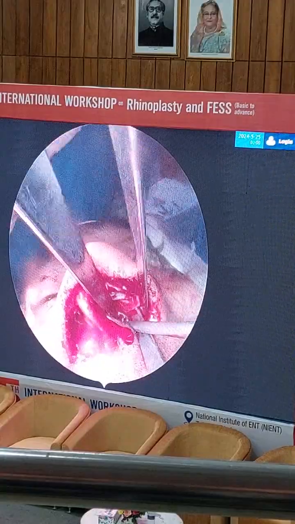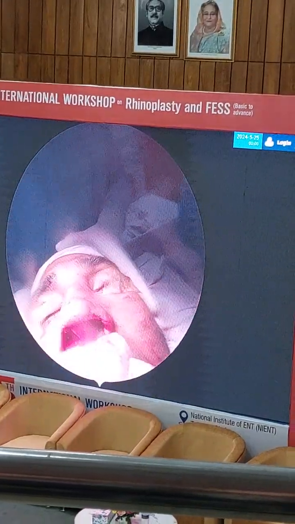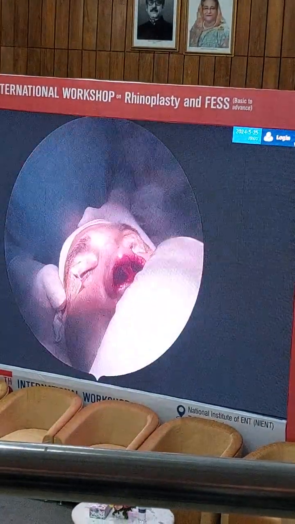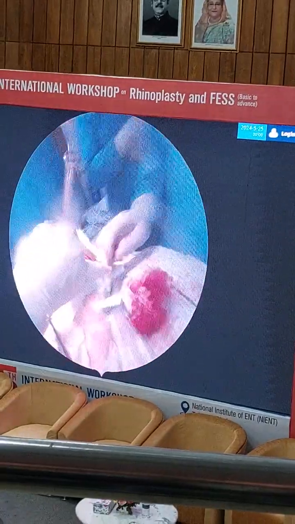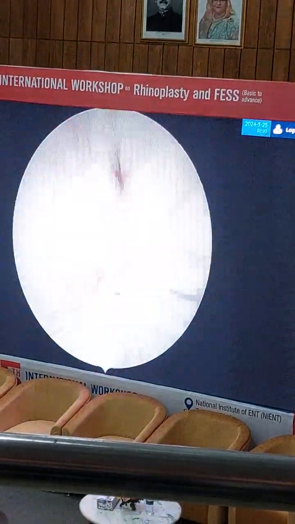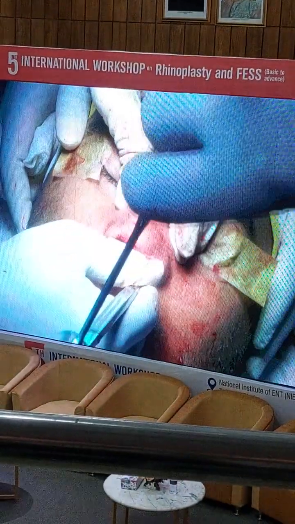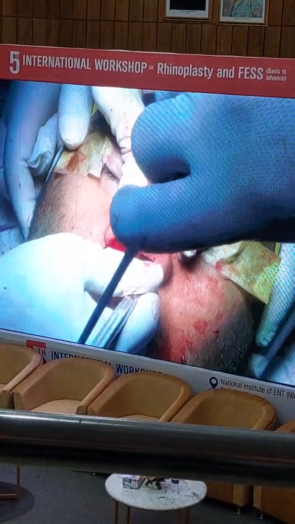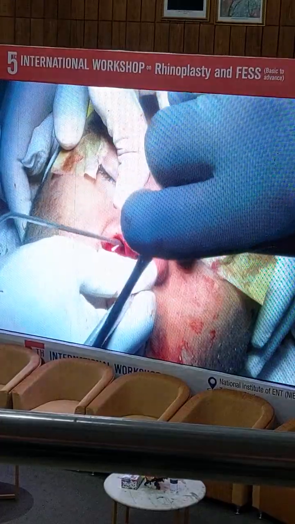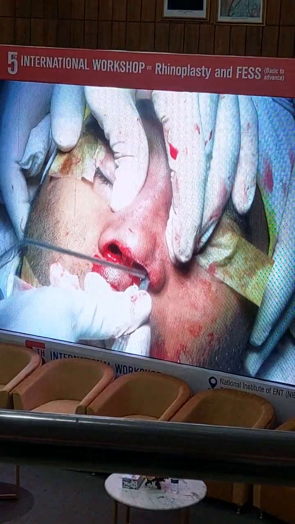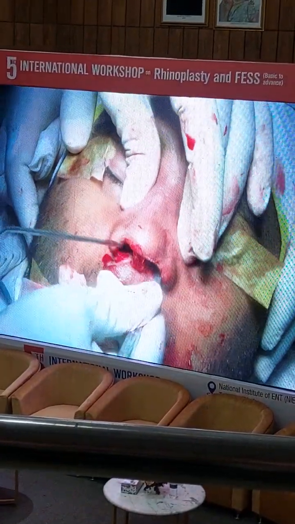Then you ask your assistant to tap. Tap, tap. And now you gradually come down. Okay? Gradually go down.